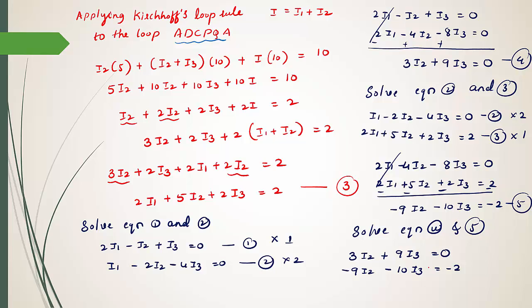Right? We have to solve these two equations. So here equation 4, if it is multiplied by 3, 3 3s are 9. So let us take equation 5 multiplied by 1.